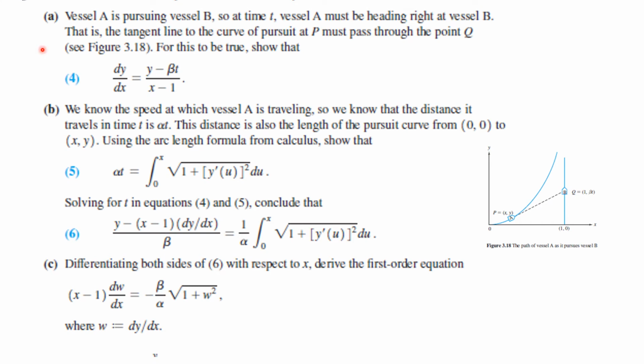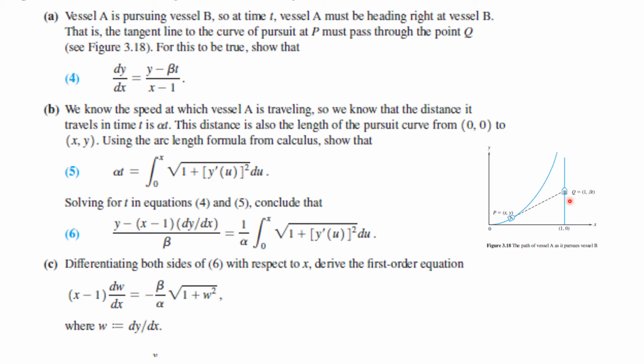Now here are some things that you're asked to do, and the steps are kind of shown out. But what you want to do is work through these things. Part A: vessel A is pursuing vessel B, so at time t, vessel A must be headed right at vessel B. That is, the tangent line to the curve of pursuit at P must pass through the point Q. And here's a picture.